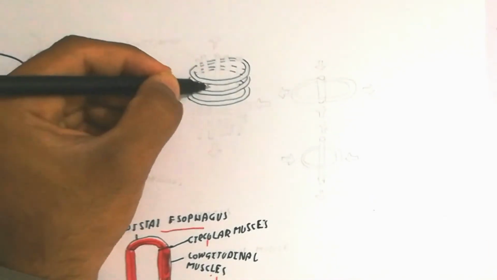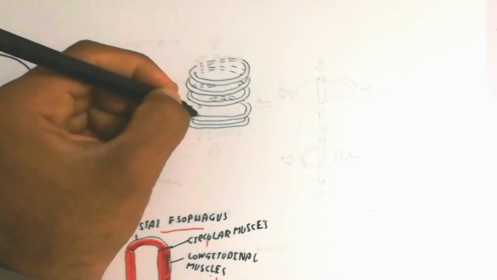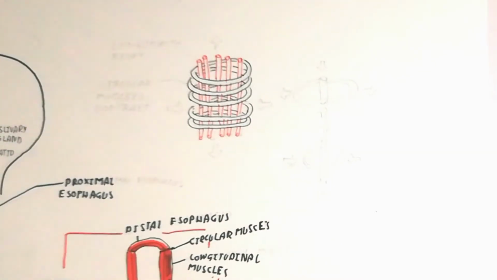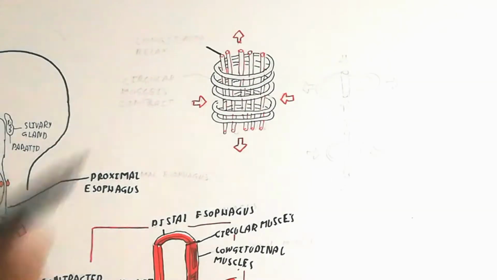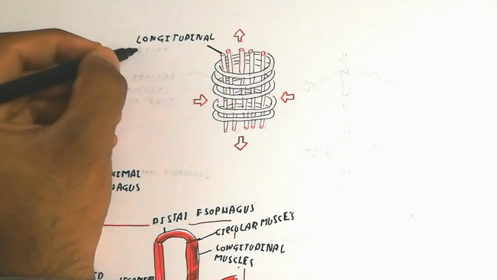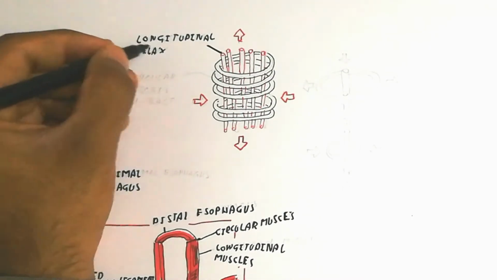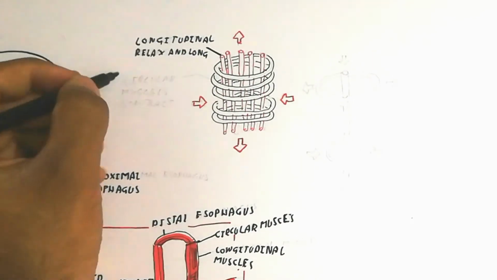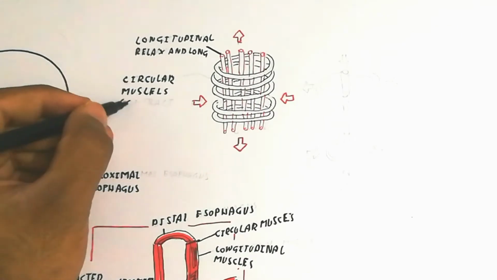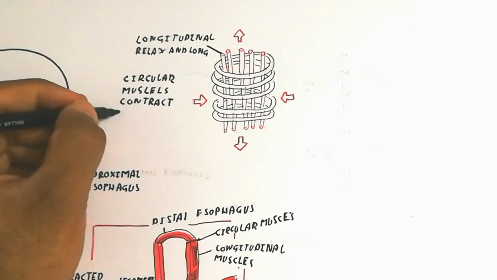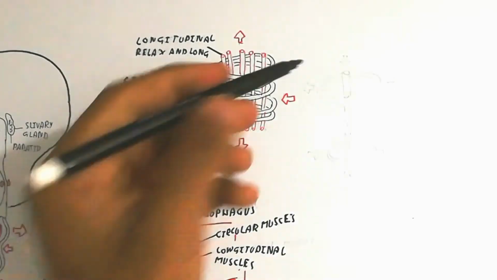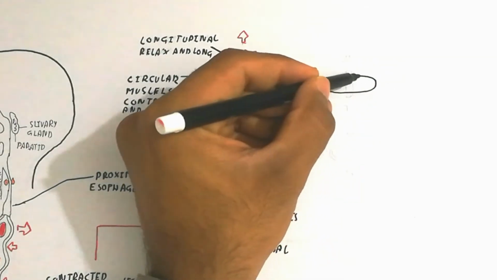So here I draw the circular muscle, and here the longitudinal muscle is present. The longitudinal muscle is relaxed and extended and long, and the circular muscle will contract, becoming small and shortened. The circular muscle shortens to propel the food downward, with gravity helping as well.